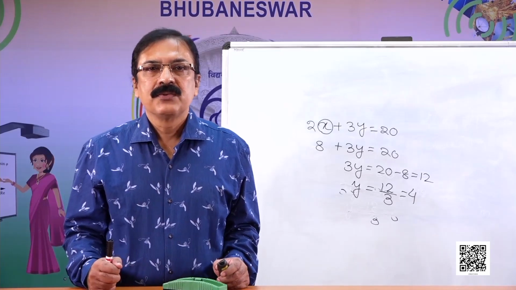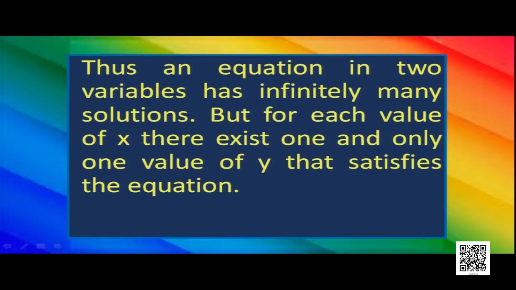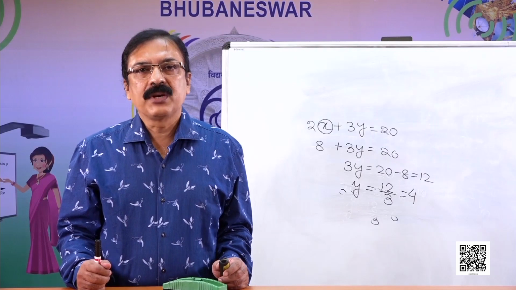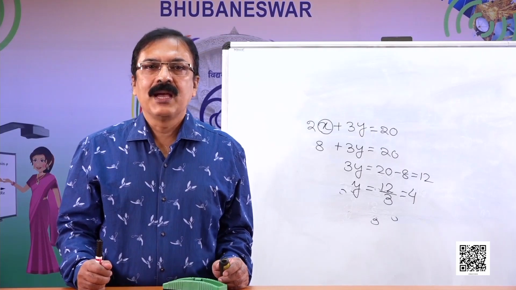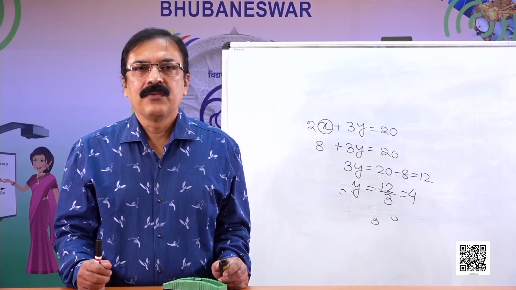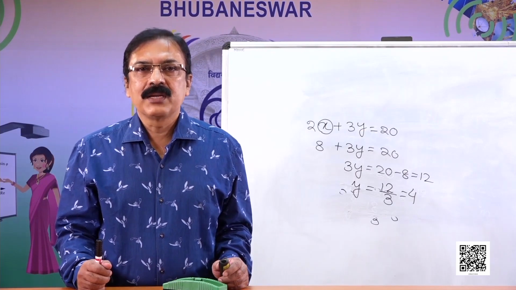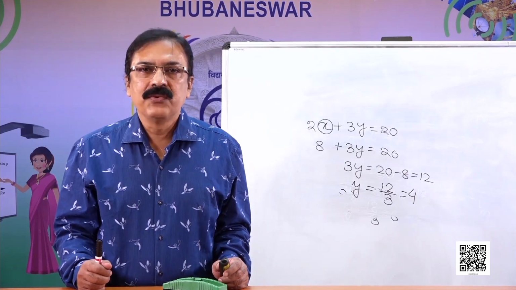So from this we learned that the equation in two variables has infinitely many solutions, but for each value of x there exists one and only one value of y that satisfies the equation, because by substituting the value of x we get an equation in one variable, and previously we learned that the solution of a linear equation in one variable is unique.